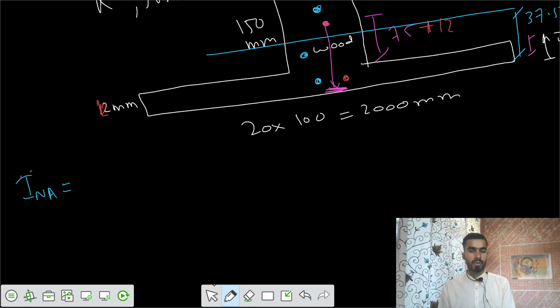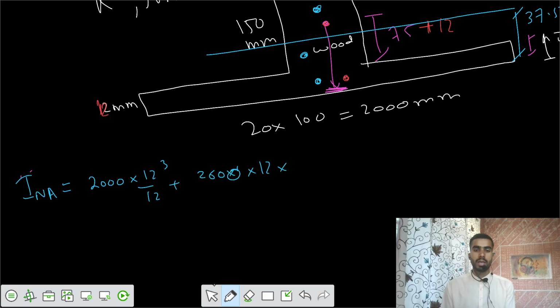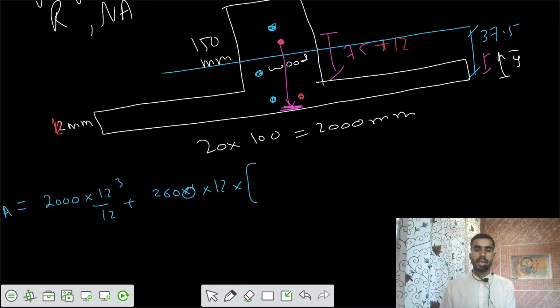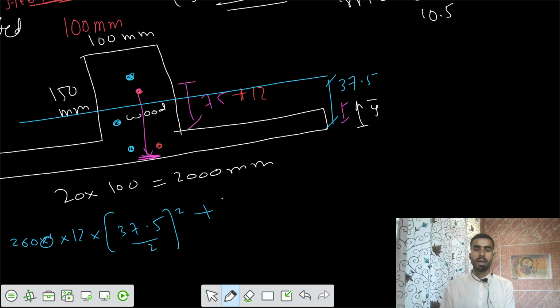Let's write for the first area. I would write BD cube by 12 plus AD square. The centroid is at 37.5 by 2, 37.5 divided by 2 whole square. Similarly, for the small area, the distance of this one would be equal to 37.5 minus 12, that is 25.5.